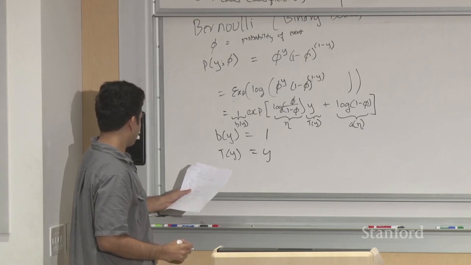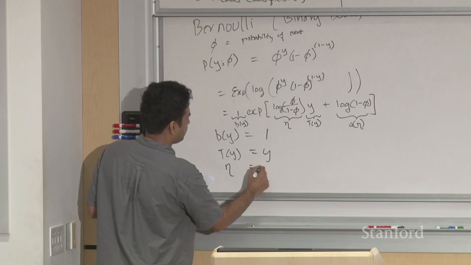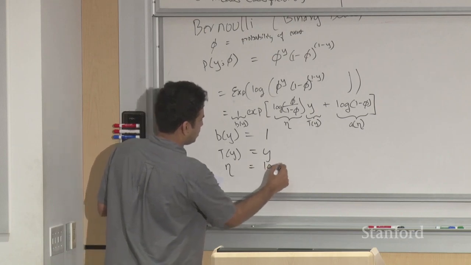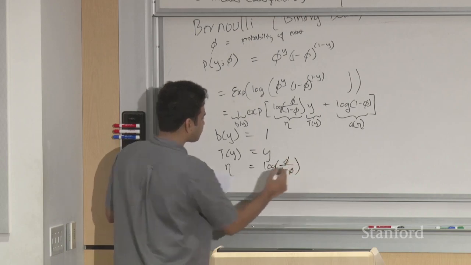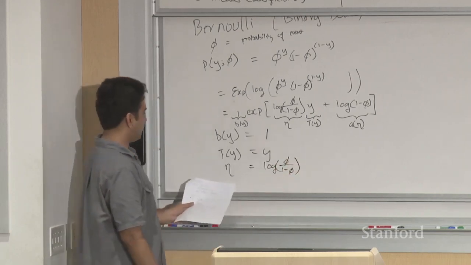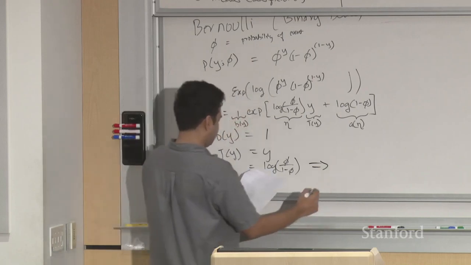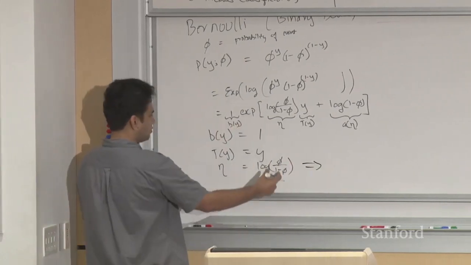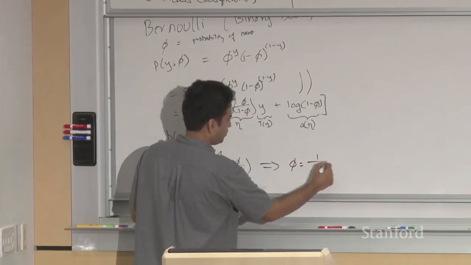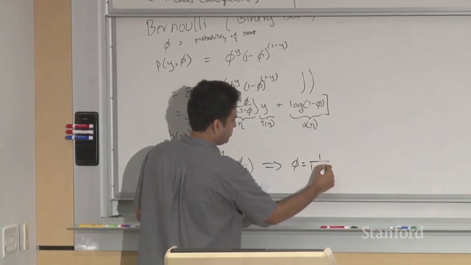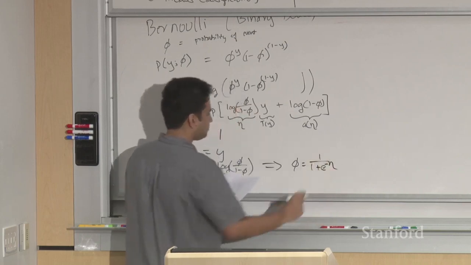What else? So eta is equal to log phi over 1 minus phi. An equivalent statement is to invert this operation and say phi is equal to 1 over 1 plus e to the minus eta.